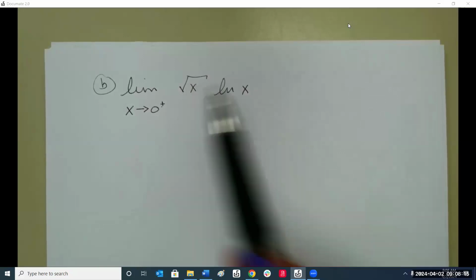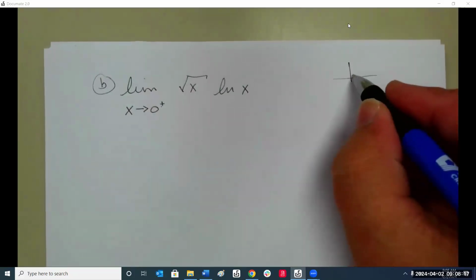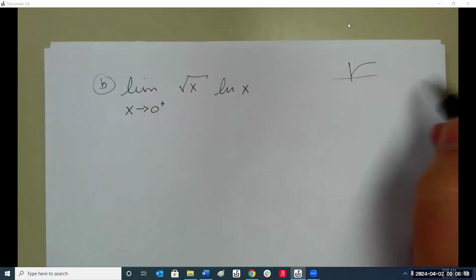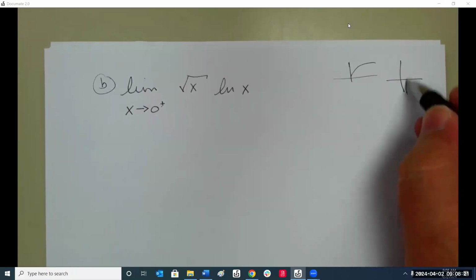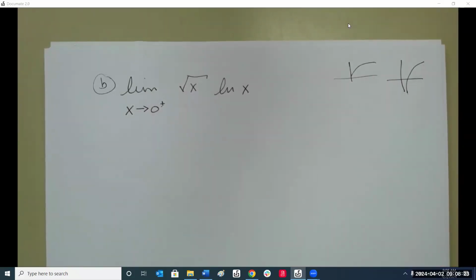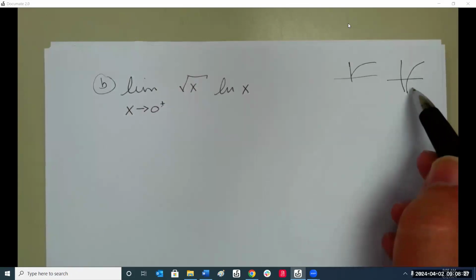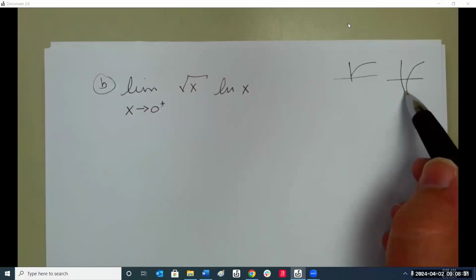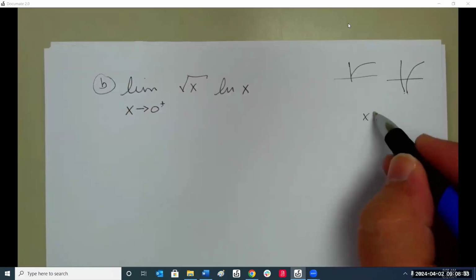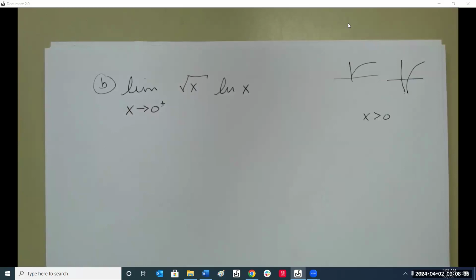Because radicals, first off, the graph of a radical looks like this. The graph of an ln looks like this. I cannot use negative x's, or I cannot use 0, because 0 doesn't exist in ln. So all my x's have to be greater than 0.